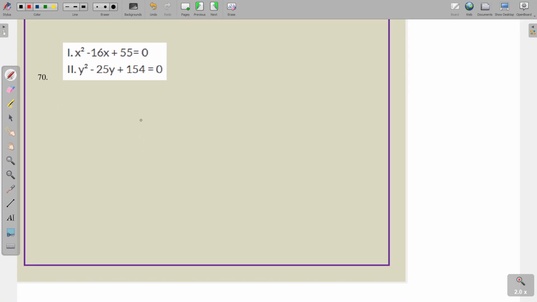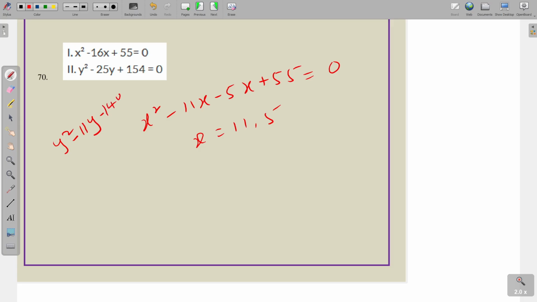Next one, x² minus 11x minus 5x plus 55 equal to 0. x is equal to 11 comma 5. y² minus 25, means y² minus 11y minus 14y plus 154 equal to 0, y equal to 11 comma 14.